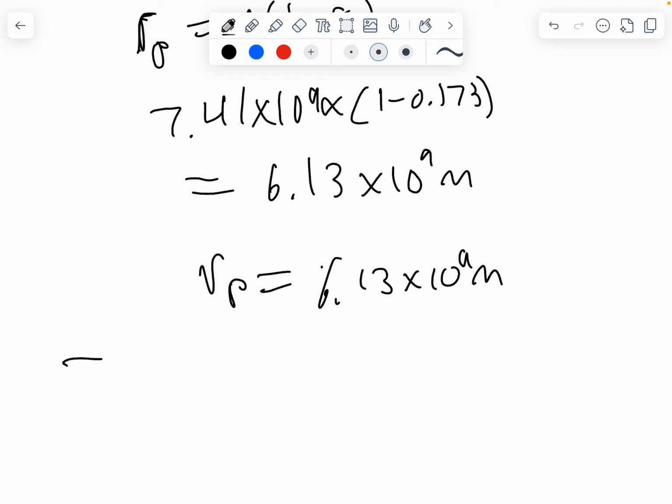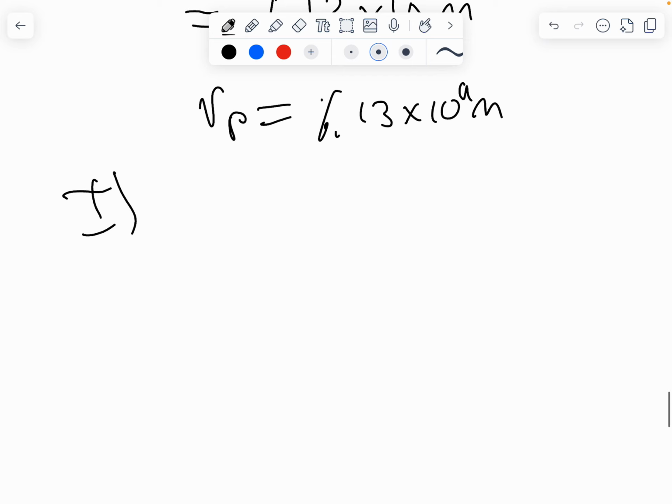Okay. For our final part, part I. Part I is asking us to find the mass of HATS 43. For comparison, the distance between the Sun and Mercury at its closest approach is 4.60 times 10 to the 10th power meters, and the mass of the Sun is 1.99 times 10 to the 30th power kilograms. Okay.